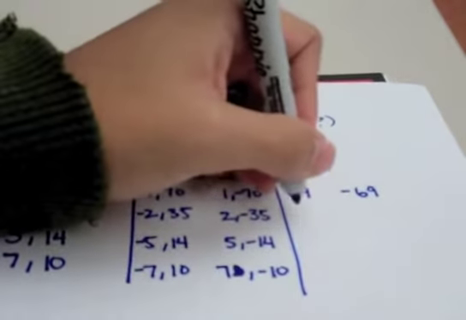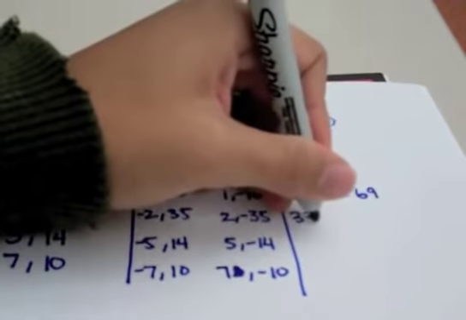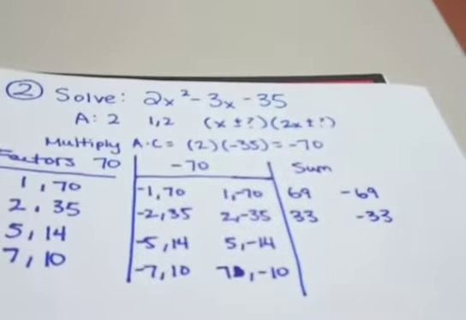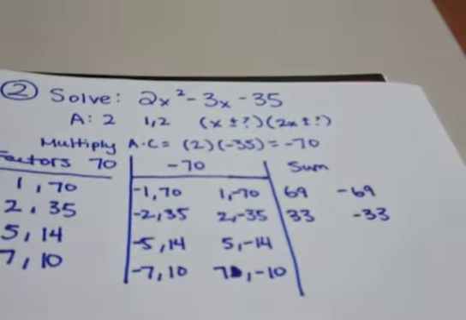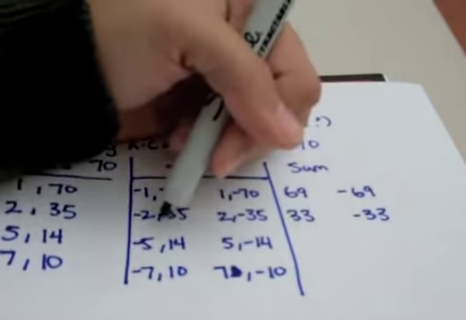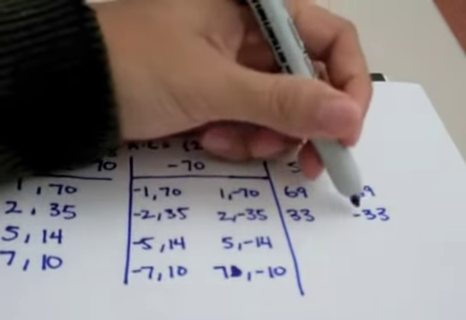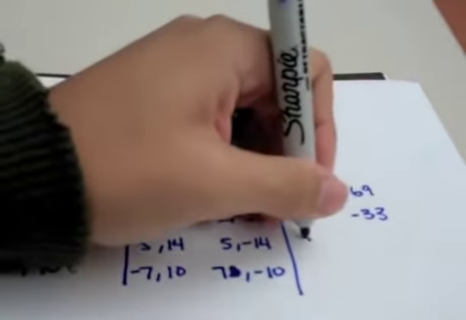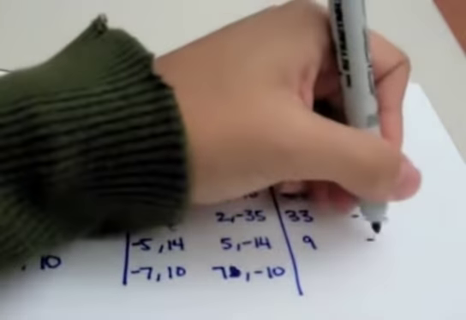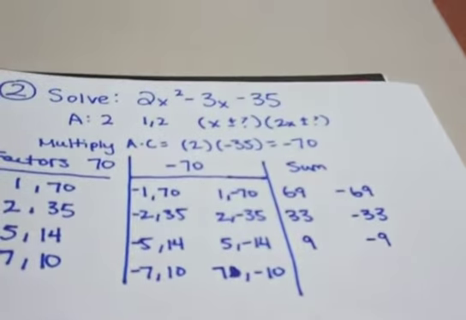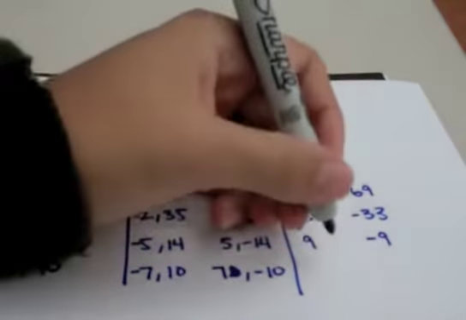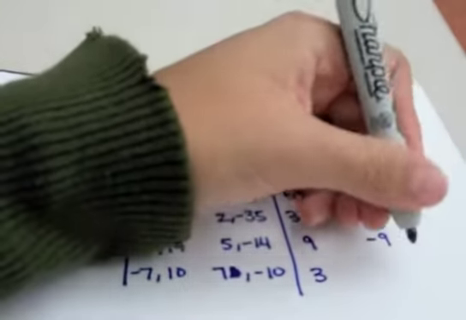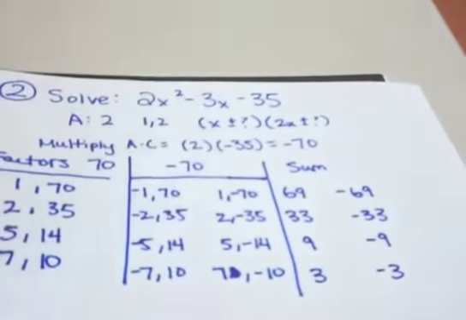Negative 2 plus 35 is 33. 2 plus negative 35 is negative 33. Again, we're seeing the same pattern as last time, so I can save myself some work and just do the first arithmetic and put a negative sign for the next one. Negative 5 plus 14 is 9. 5 plus negative 14 is negative 9. Negative 7 plus 10 is 3, and 7 plus negative 10 is negative 3.